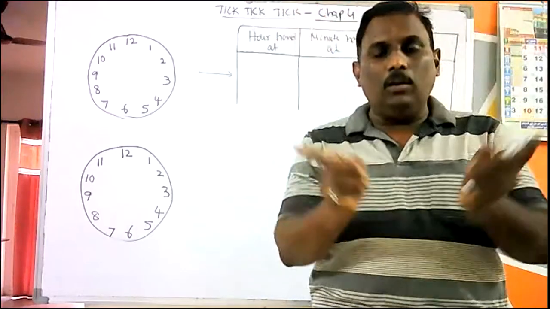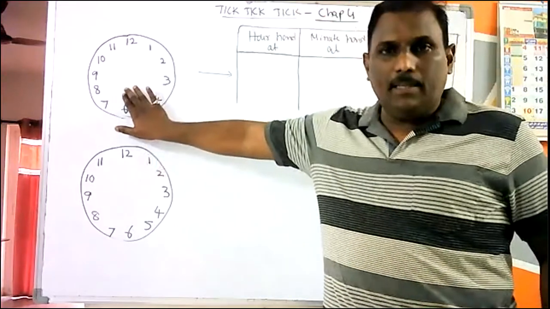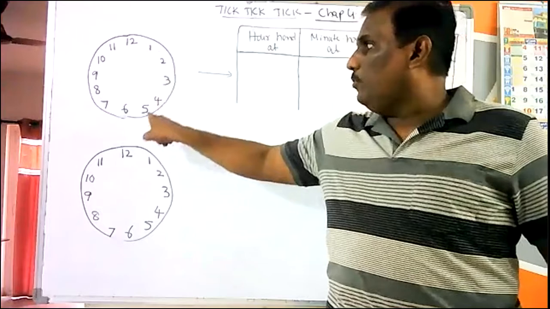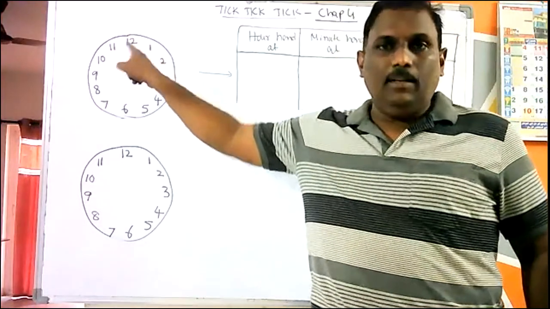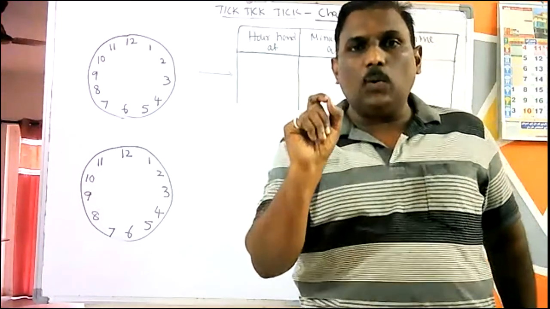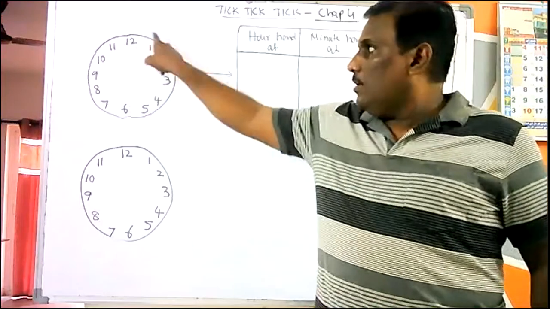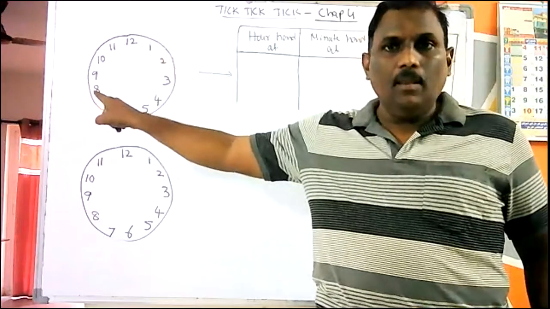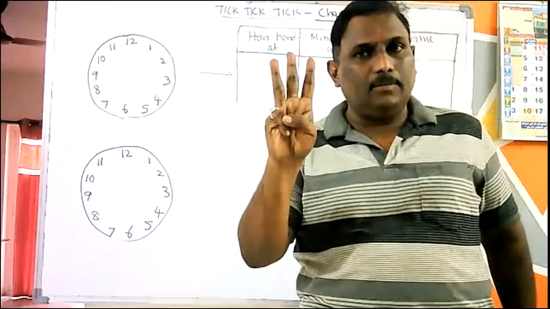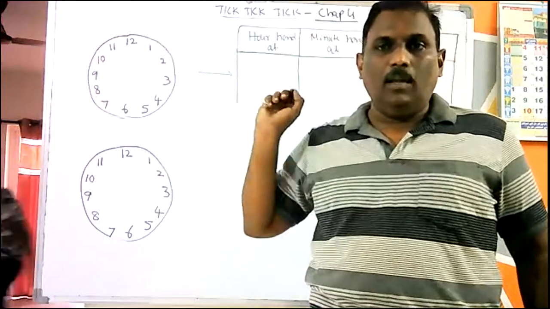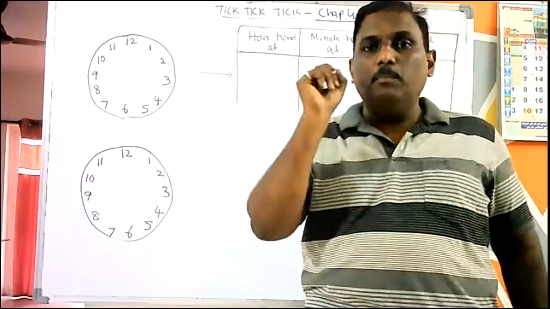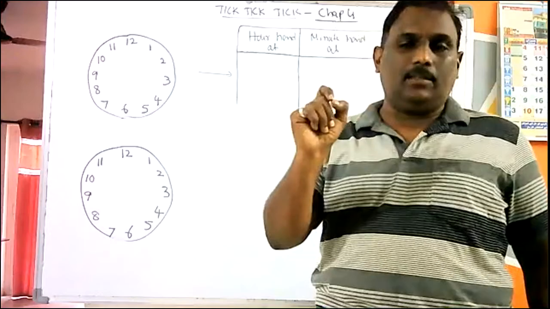If you have seen a wall clock, it looks like this: 1, 2, 3, 4, 5, 6, 7, 8, 9, 10, 11, 12. There will be only 12 numbers, not more than that, not less than that. And there will be 3 hands inside the wall clock: hour hand, minute hand, seconds hand.